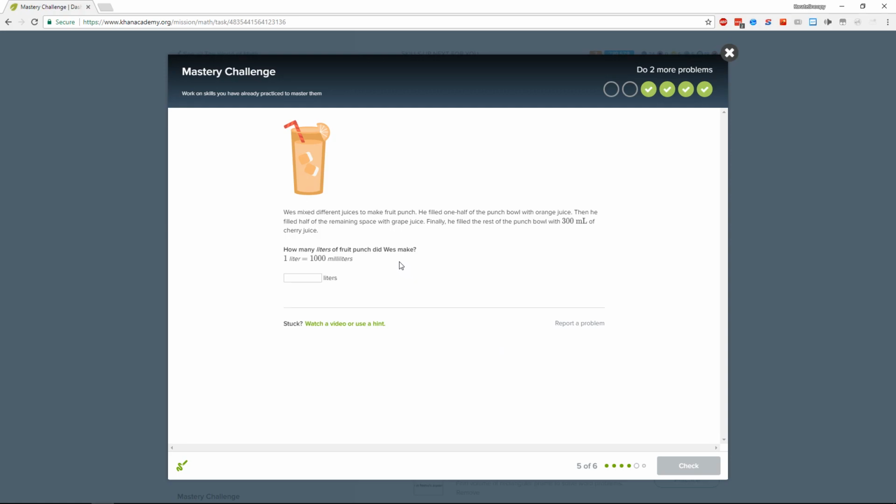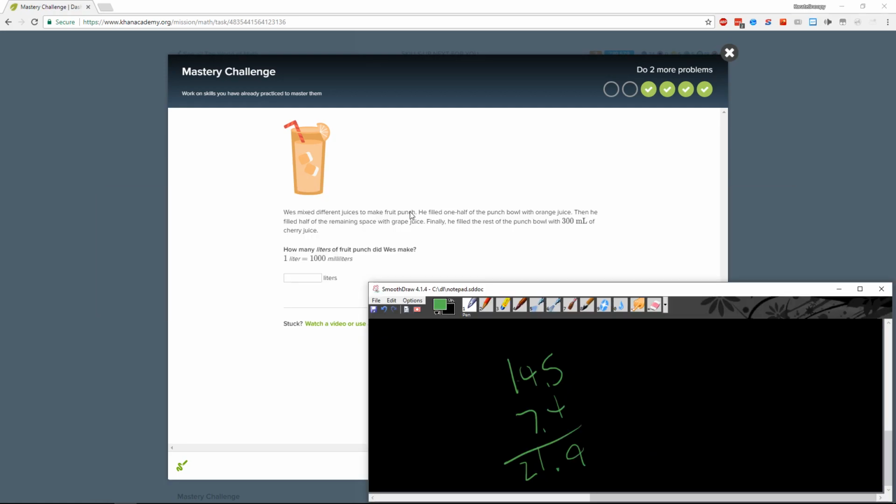Mixed drinks. He filled 1/2 of the punch bowl with orange juice, then filled the remaining half with grape juice. Finally, he filled the rest of the punch bowl with 300 milliliters of cherry juice. It's one of these annoying word problems. So 300 at the end.